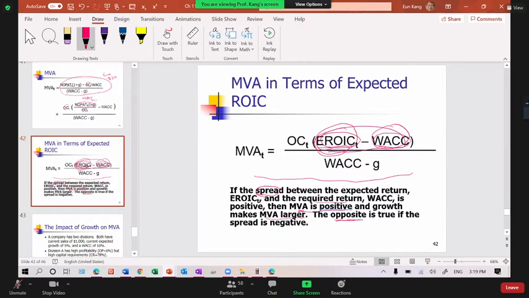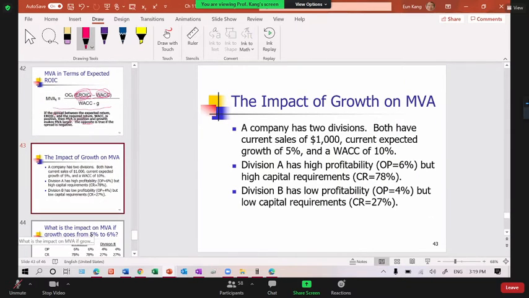Pretty simple idea, right? So now let's use a numerical example to see how growth affects MVA, okay? So let's say a company has 2 divisions, and both have current sales of 1,000, current expected growth of 5% and WACC of 10%.